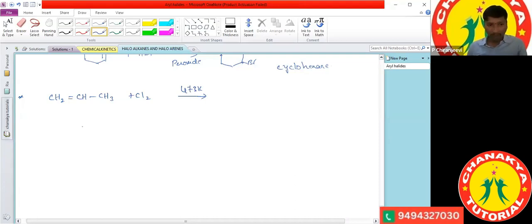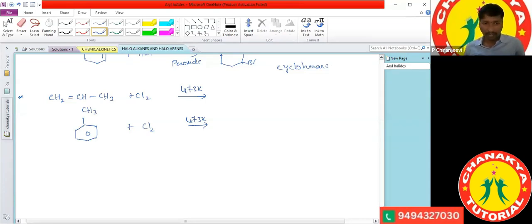And one more example: toluene. Toluene means a CH3 on the benzene ring, with Cl2, also treated at 473 Kelvin. What is the product going to be formed?